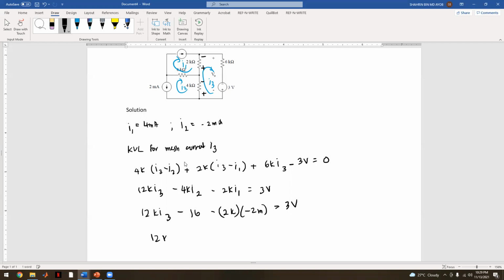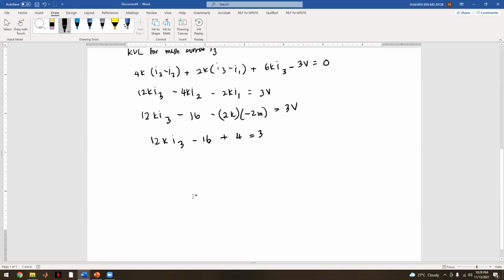So you have 12K I3 minus 16 plus 4 equals 3. So this will become 12K I3 minus 12 equals 3. Then I think this will become 15, right? So your I3 is 15 over 12K.